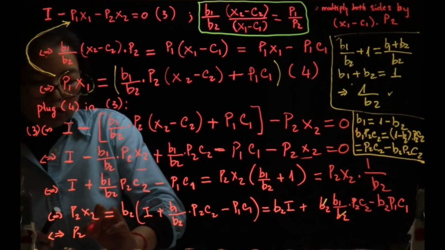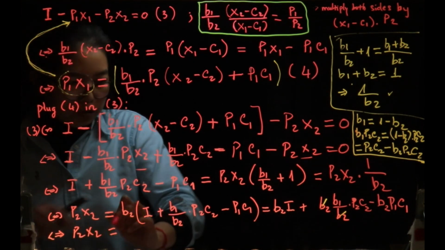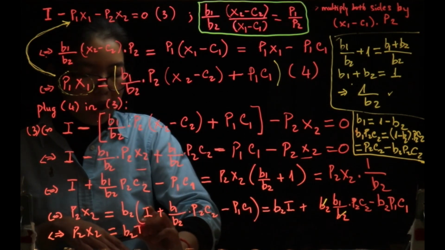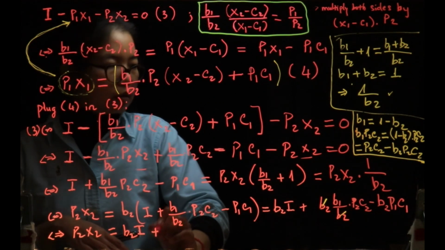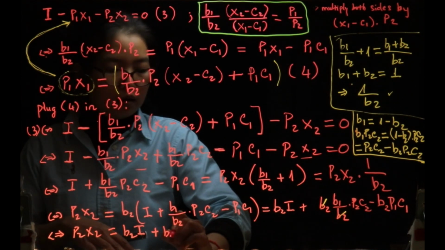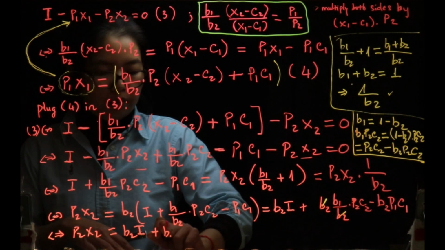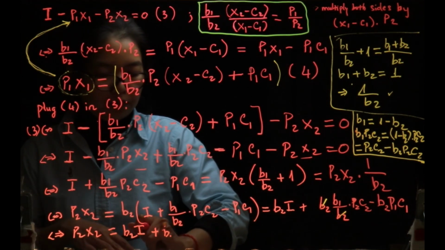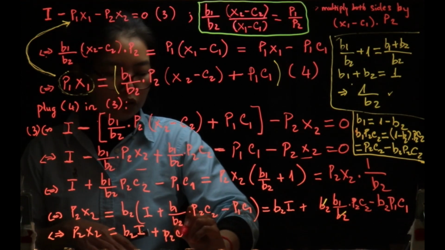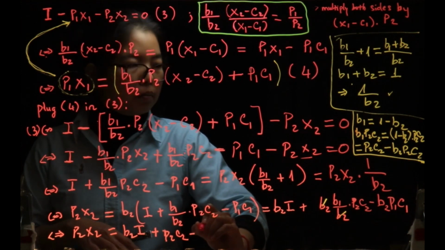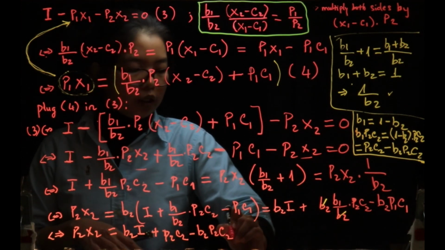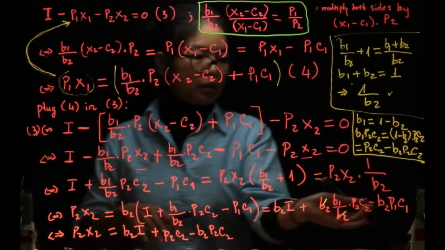We write it again, p2 times x2 equals here b2 times I, right? Plus this one. Sorry, not b but p. So it's like p2 c2 minus b2 p2 c2 again. This is for this term.